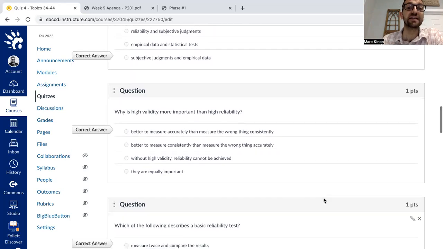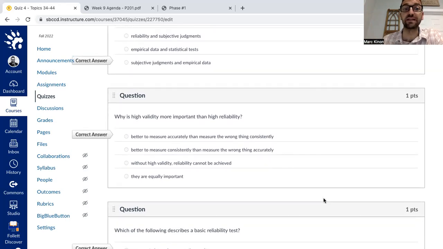Why is high validity more important than high reliability? It's better to measure accurately than measure the wrong thing consistently. Well, that makes sense, right? Let's go back to the Rosenberg self-esteem scale. Does it measure self-esteem, right? So we would say, okay, it does measure self-esteem.